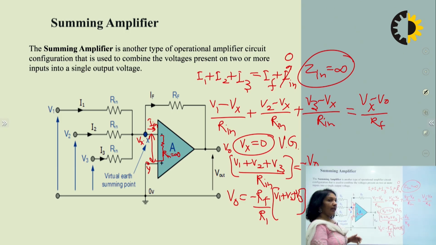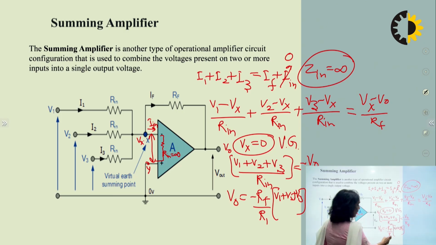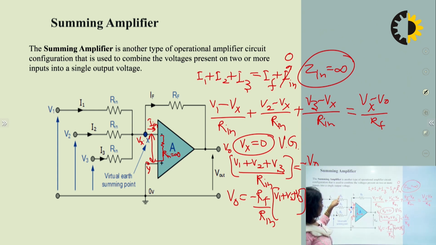In the case of the inverting amplifier, we have already seen that the gain is given by RF by R1. So RF by R input is the gain of this amplifier, because here we have taken all the resistances as the same, so they are all equal. That's why the gain is RF by R1.